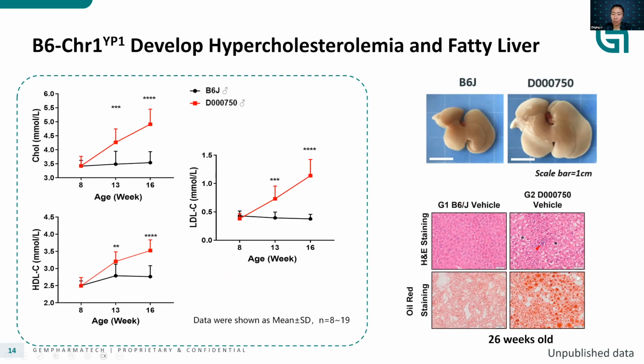By histopathology, the excessive fat accumulation is obvious in their liver. At the same time, you can see ballooning as well as immune infiltration or inflammation in the fatty liver tissue.